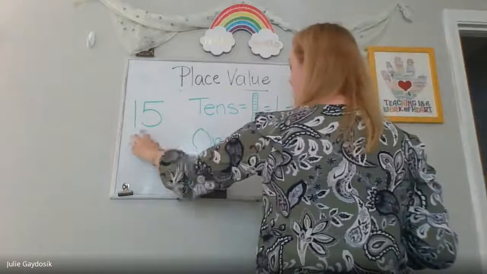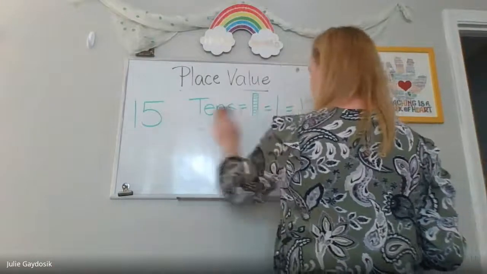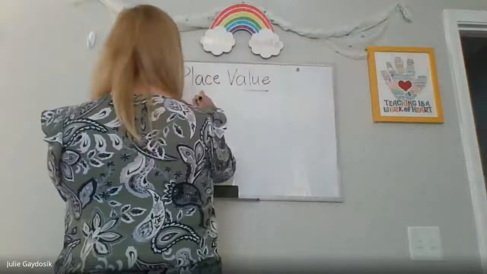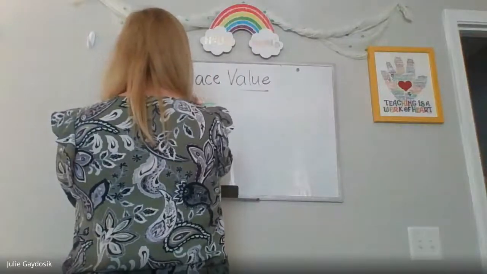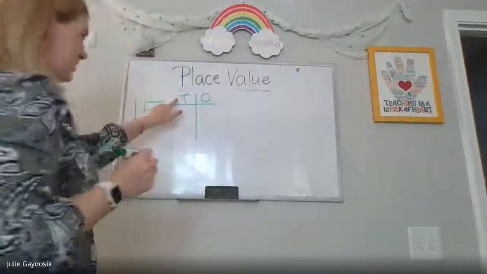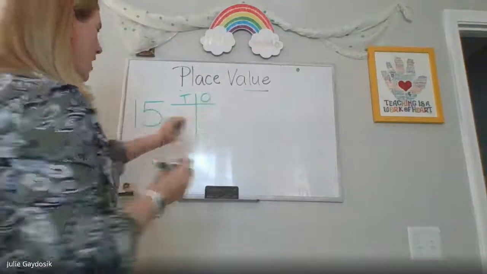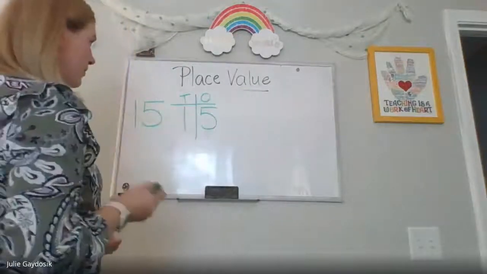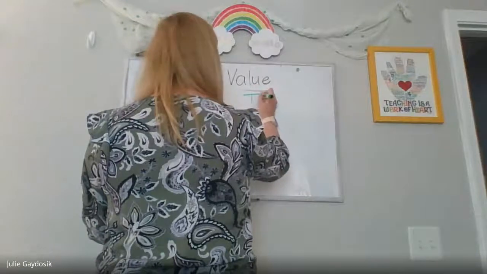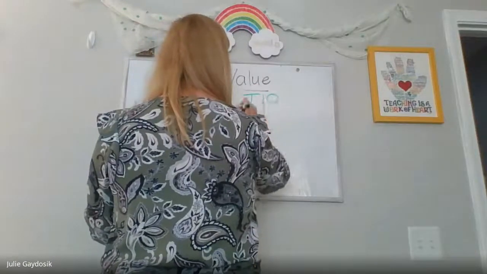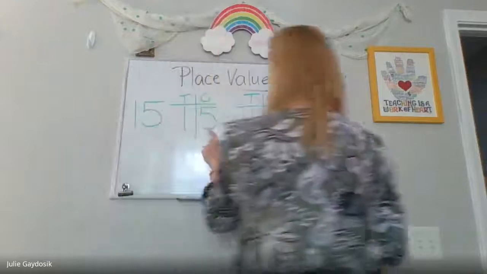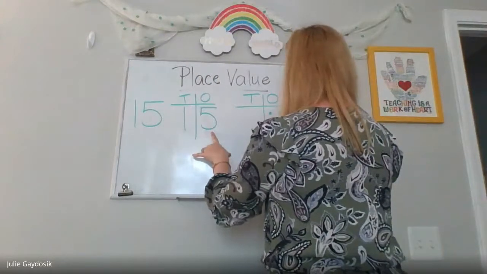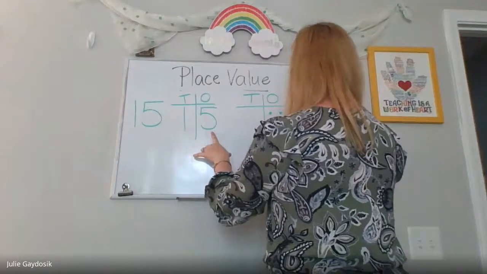If we're looking at the number 15, we could put 15 into a tens and ones chart. We put a T for tens, an O for ones, and we could write our number. We could also draw out our number by seeing we have 5 ones: 1, 2, 3, 4, 5.